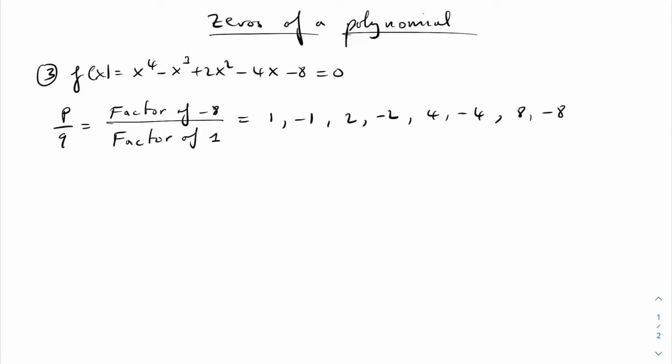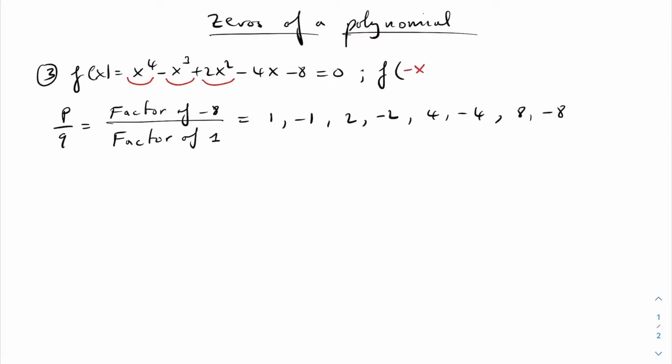And then let's use the Descartes rule to figure out how many positive real zeros we have and how many negative real zeros we have potentially. And so we're going to notice here that f of x has 1, 2, 3 sign changes. And so what that means is that this polynomial is either going to have 3 positive real zeros or 1 positive real zero.